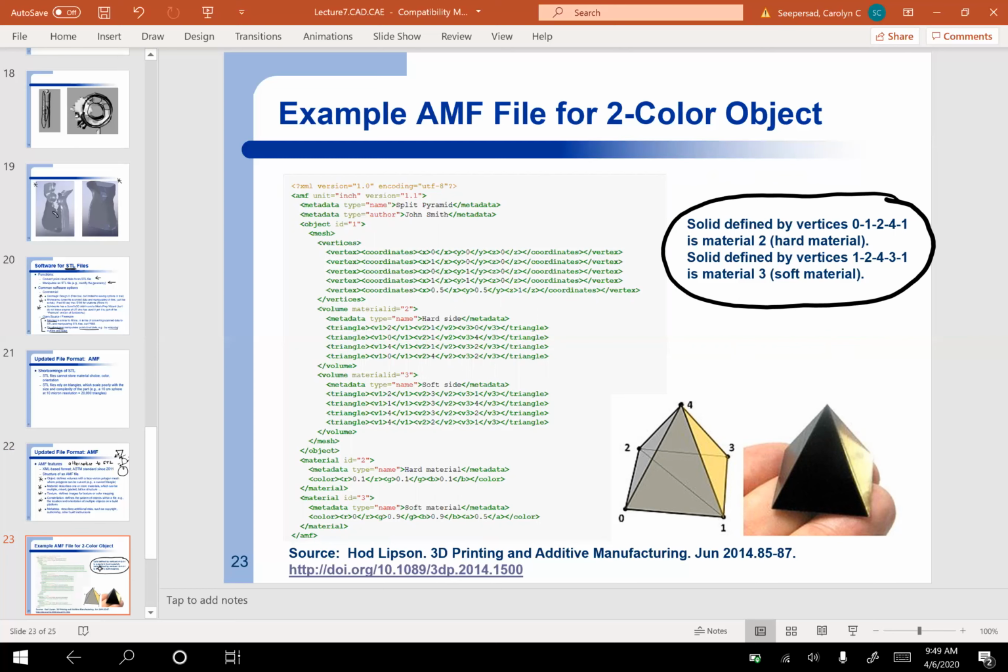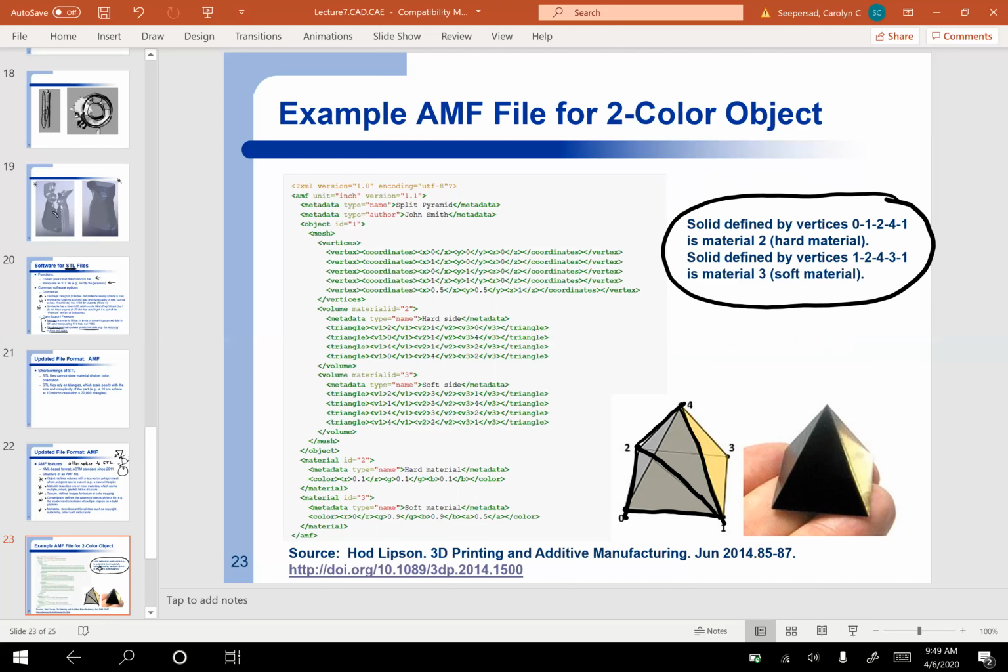So the hard material is going to be in a solid defined by vertices 0, 1, 2, 4, right? Those vertices, right? That solid that's sort of on the front left. And then the back right, the one defined by vertices 1, 2, 4, 3, 1, is going to be a soft material, right?